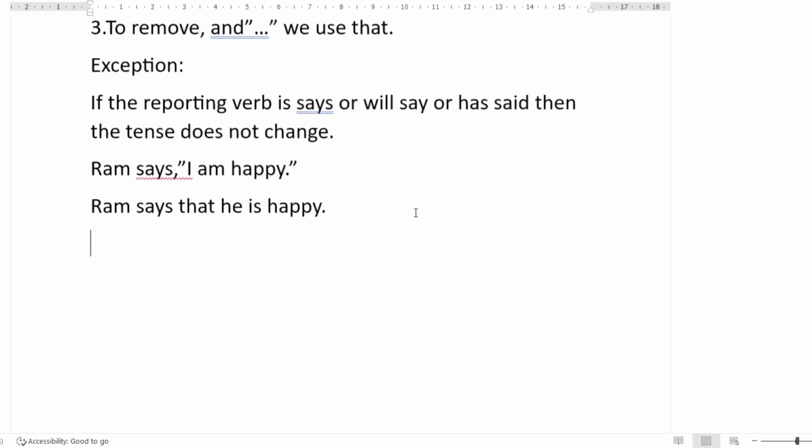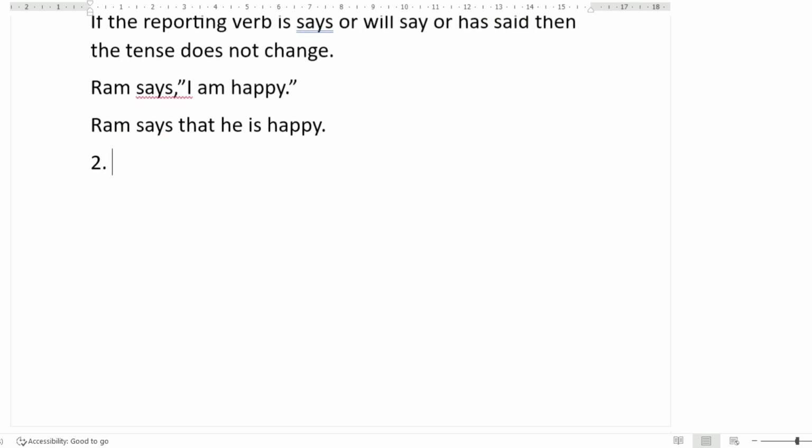Okay, so now let's take up the second type of sentence, that is interrogative sentences. Now interrogative sentences are those sentences which help us ask questions. There are two types of interrogative sentence. First type of sentence is a yes-no interrogative sentence.